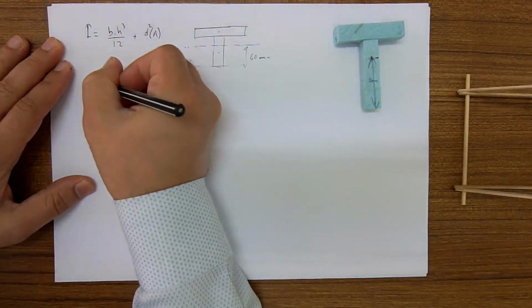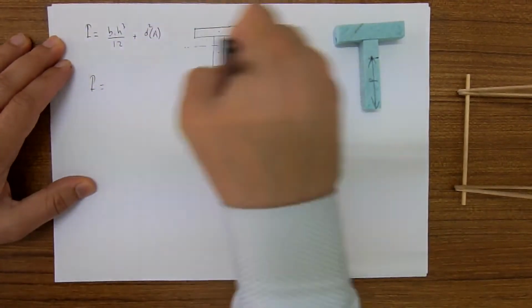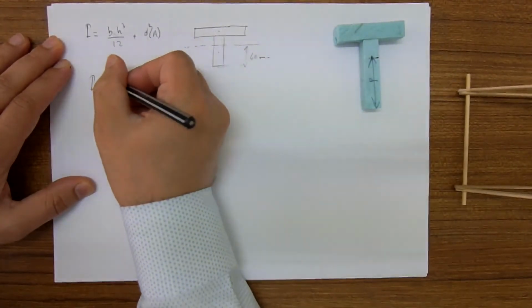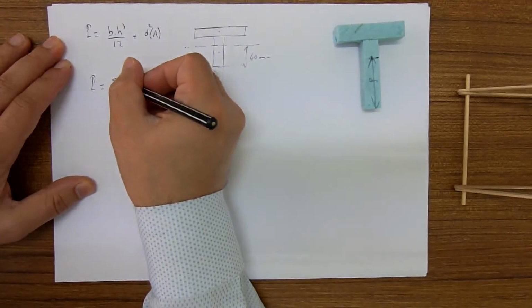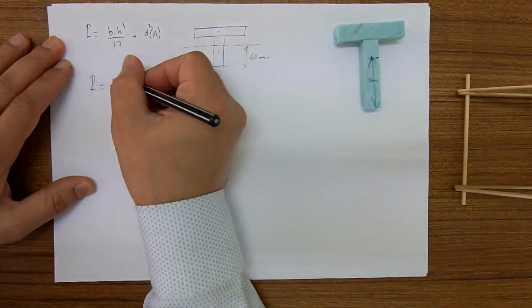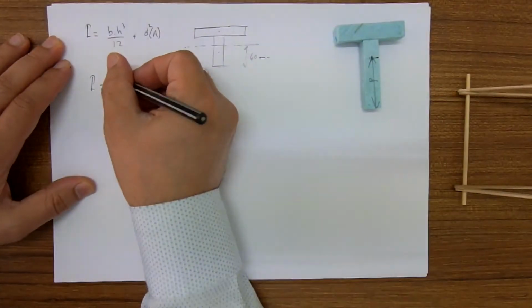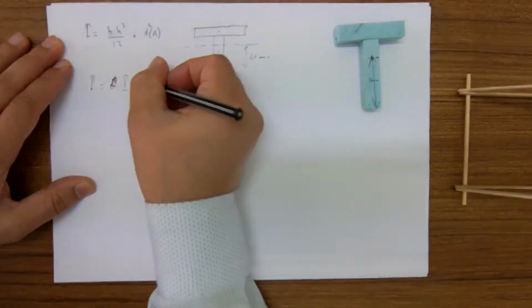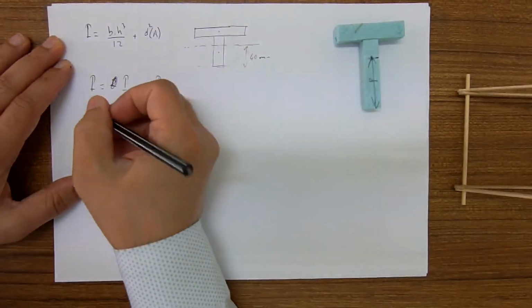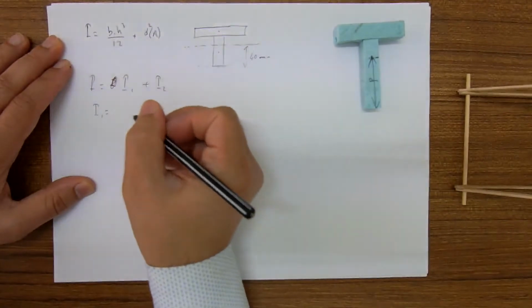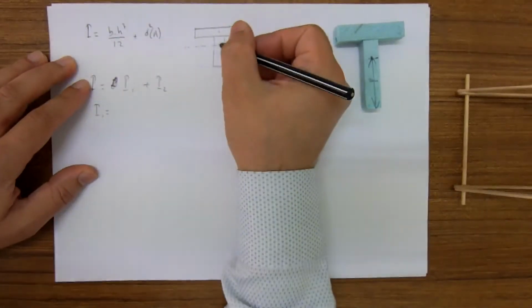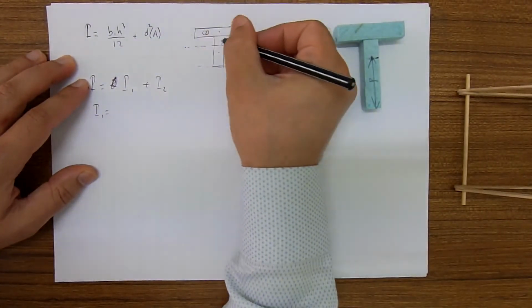So I of the whole shape is equal to the summation of I1 plus I2. So what is I1? If this is rectangle 1, this is 2.